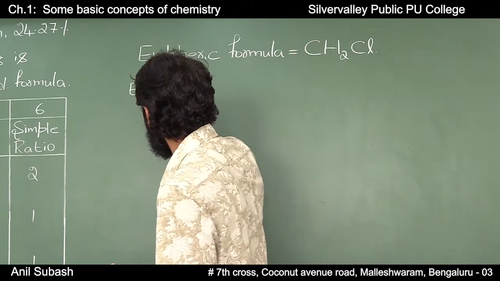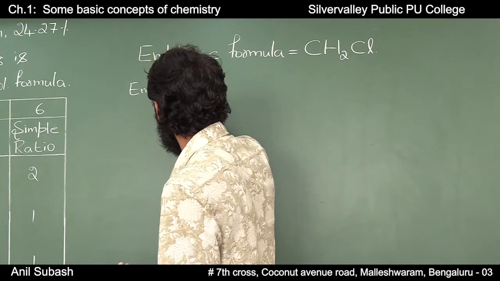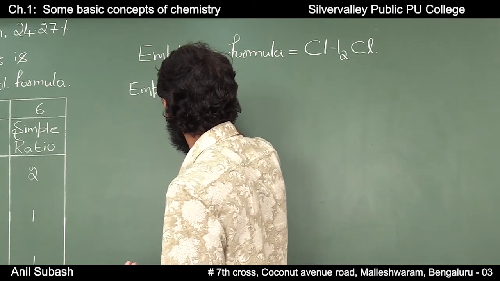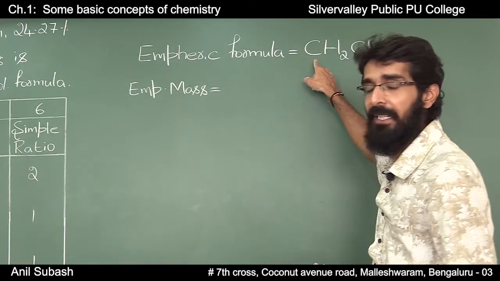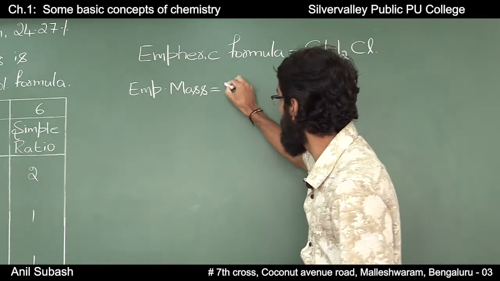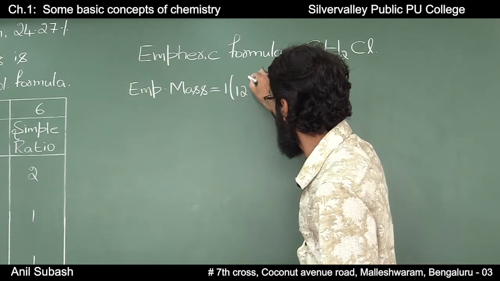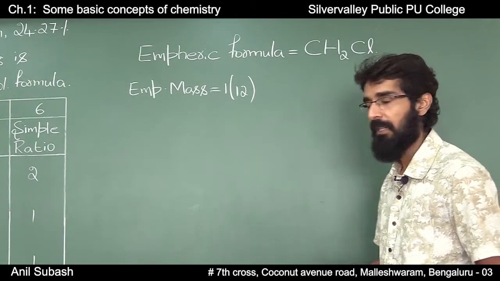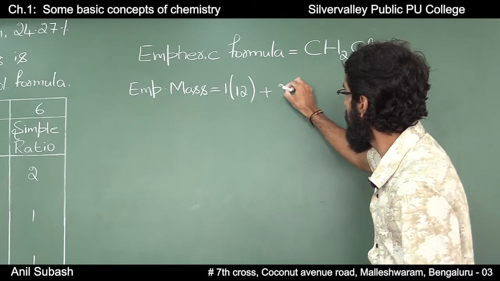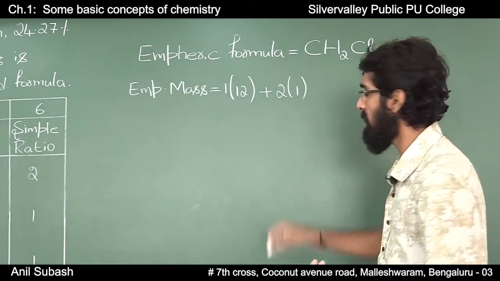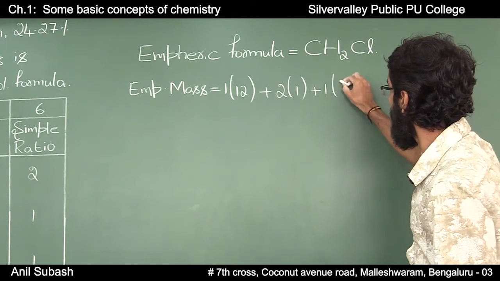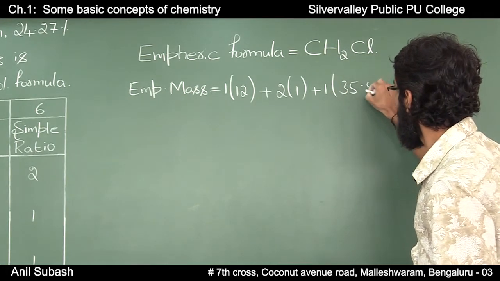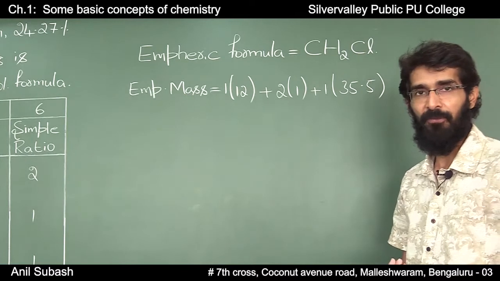Empirical mass will be equal to 1 into atomic mass of carbon, that is 1 into 12, plus 2 into atomic mass of hydrogen, that is 2 into 1, plus 1 into atomic mass of chlorine, that is 35.5.